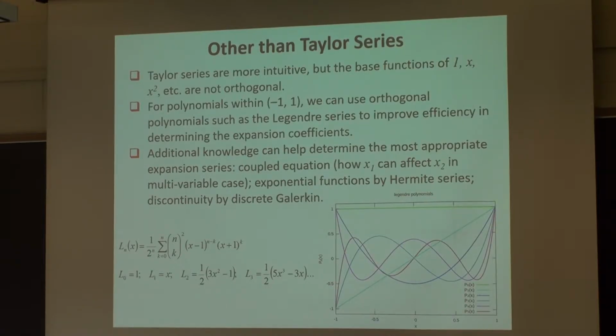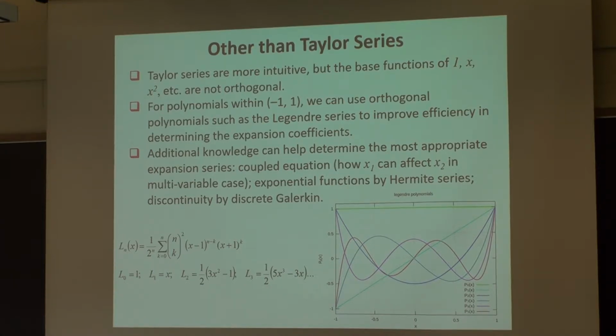Before I go into the next estimation, just as a precaution, Taylor series is not always the best choice. It is very intuitively clear on the order. But from your linear algebra, you'll probably know that Taylor series is not orthogonal. 1, x, x squared, x cubed as bases are not orthogonal functions to each other.